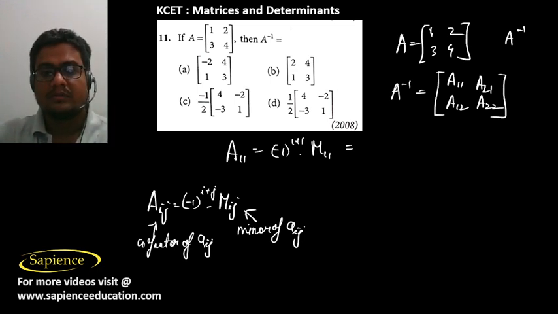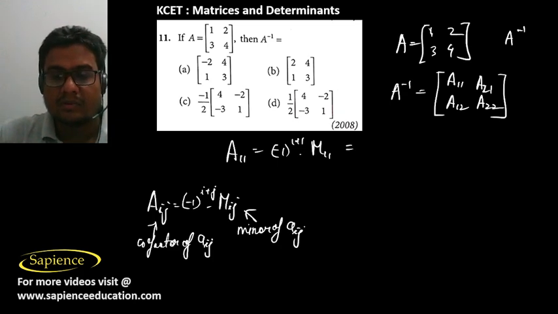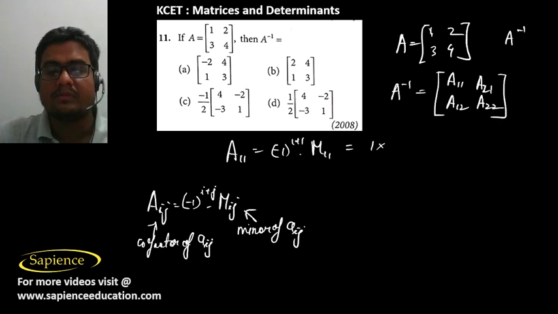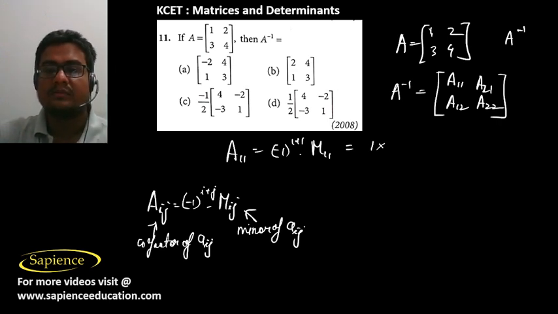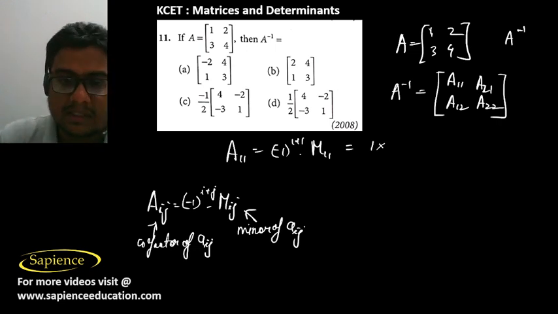So here it will be minus 1 whole power 2, that is equal to 1 only. So 1 into M11 means we have to remove the first row and the first column. So Mij is the minor of the element aij.